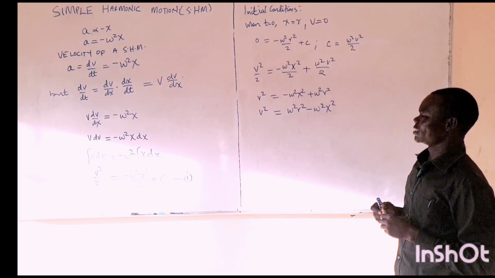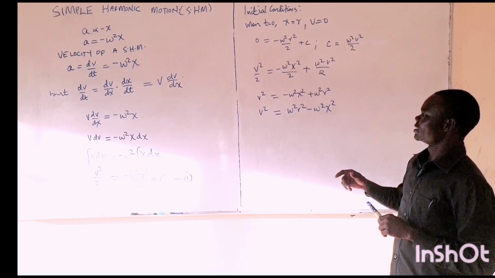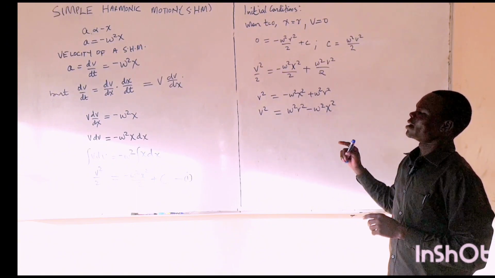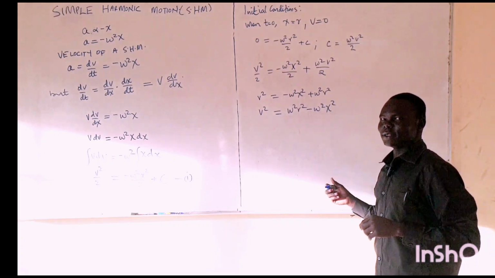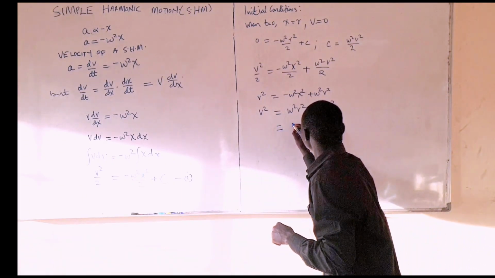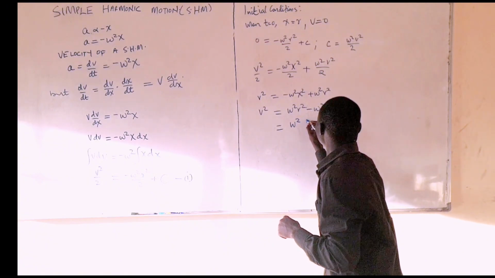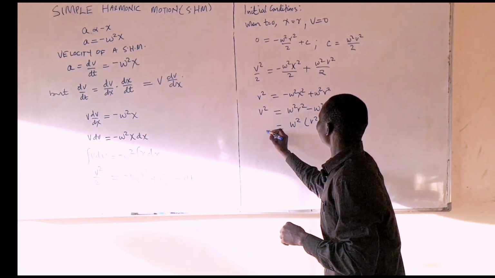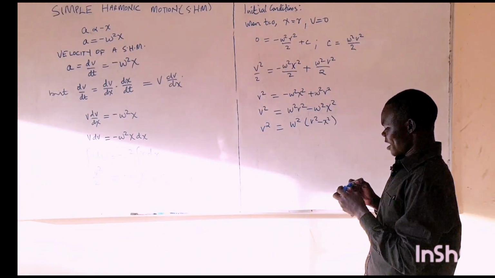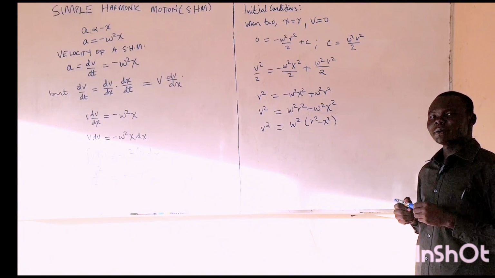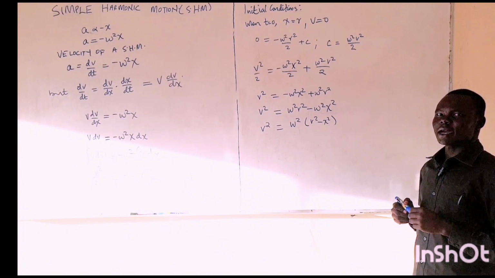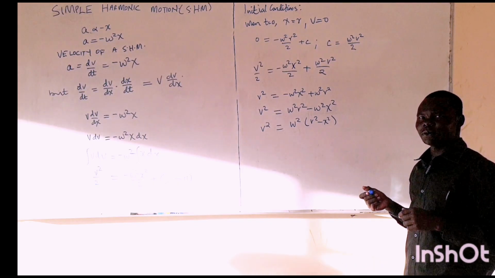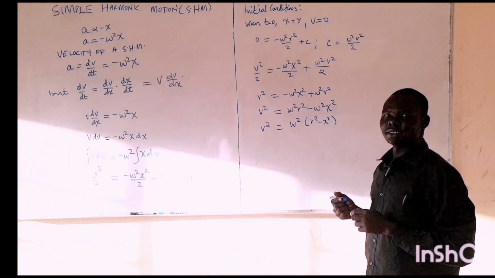From here, we see that mu squared is a constant, and it is a factor of both terms. So we can pull it outside, and we shall have v squared is equal to mu squared into bracket r squared minus x squared. Now from here, if we want to make v the subject of the formula, actually this v is our velocity of the simple harmonic motion, what we shall do is square root both sides.